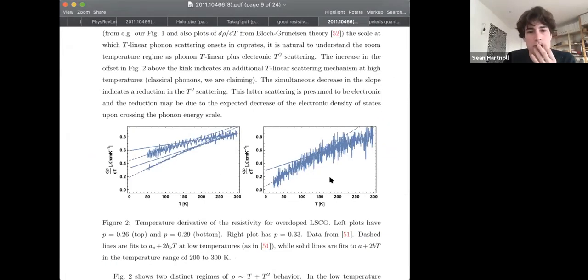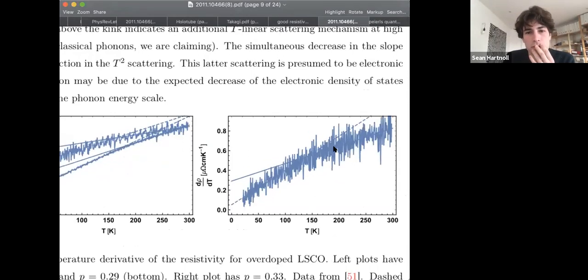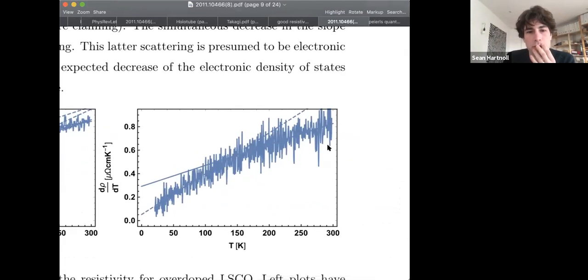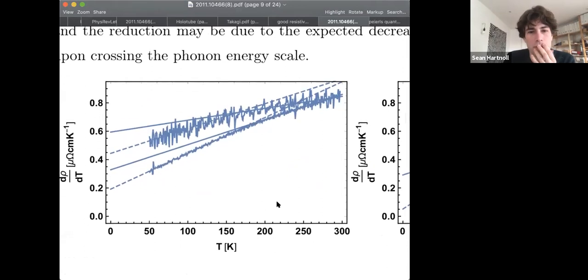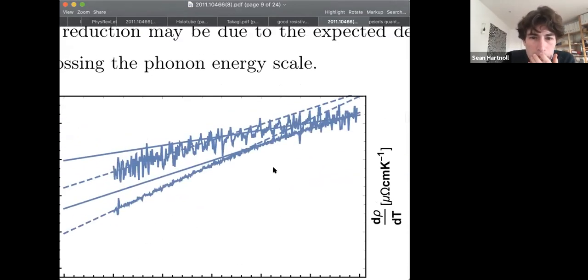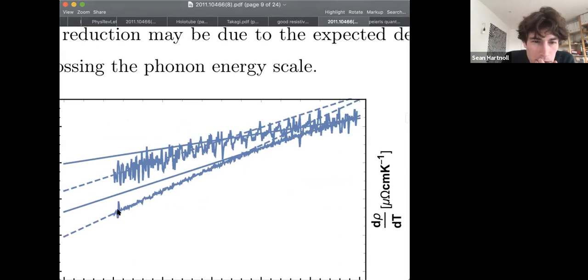Good. And so this was the plot that I had showed you before. This one is the most overdoped one. And actually here, these are the same, these are slightly less overdoped. I mean, that's not the worst straight line that anyone ever saw.